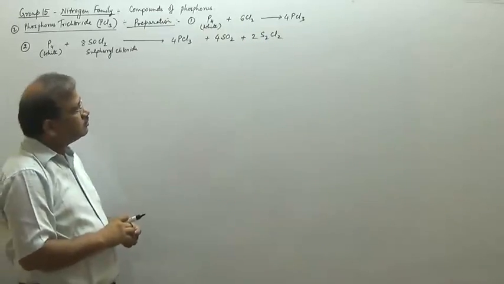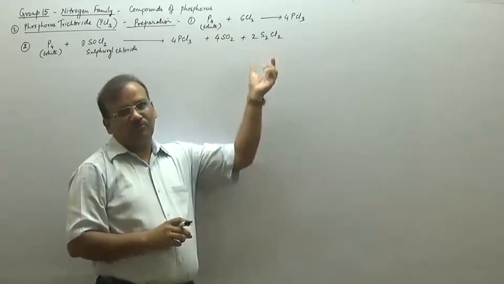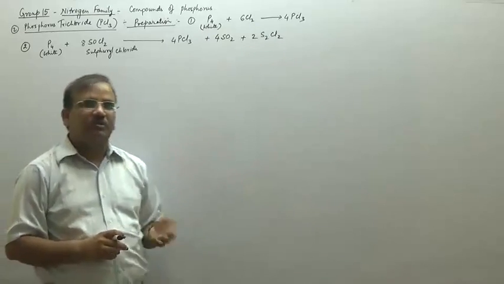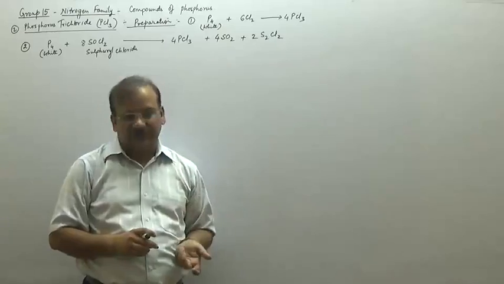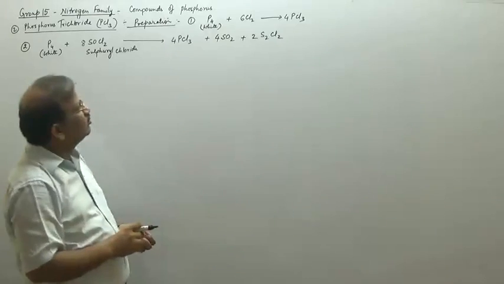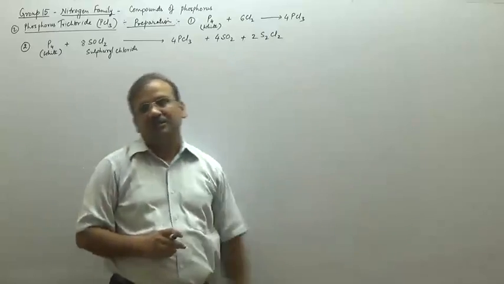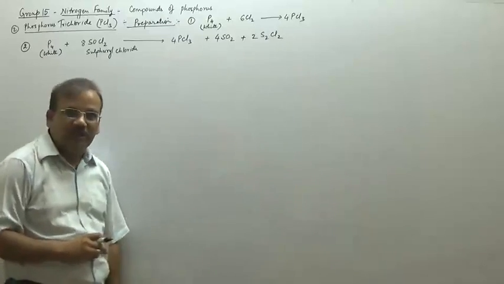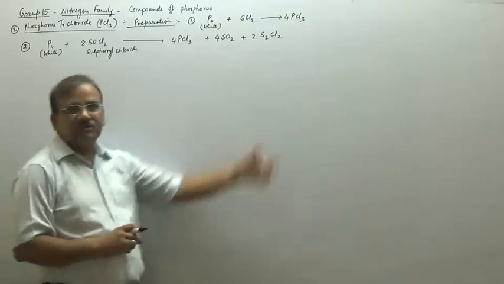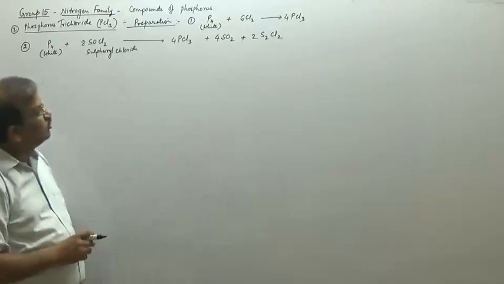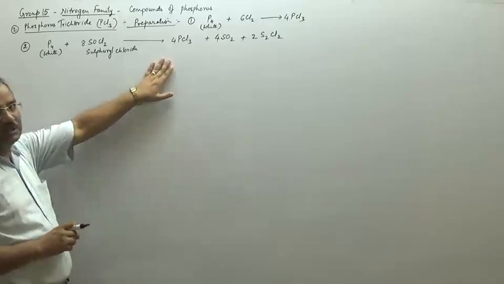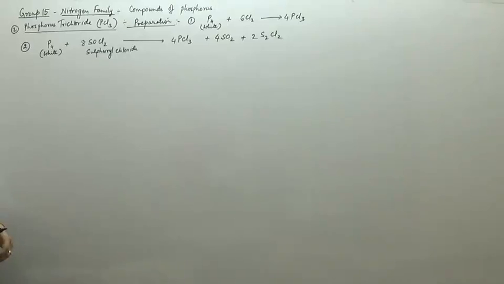This is sulfur monochloride. So in this case we get phosphorus trichloride, the SO2 gas, and S2Cl2, sulfur monochloride, is formed in the reaction. So this is how we are able to prepare PCl3 also.